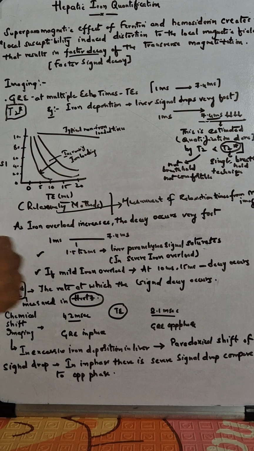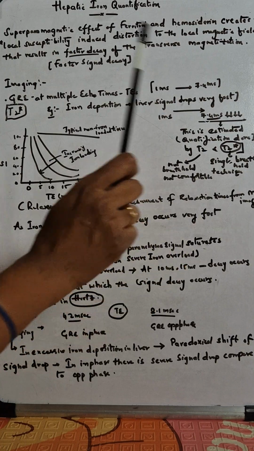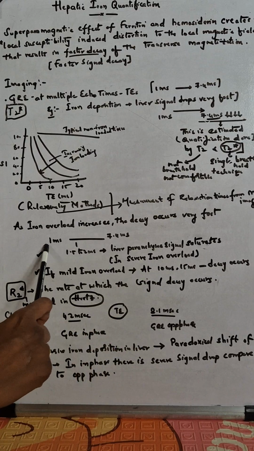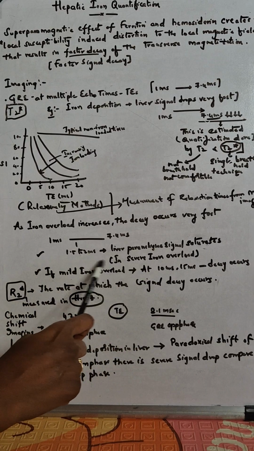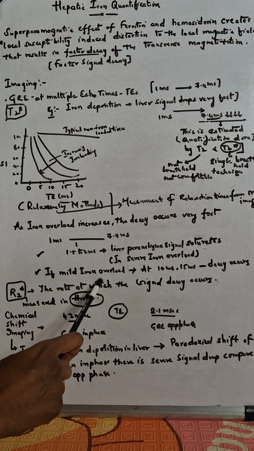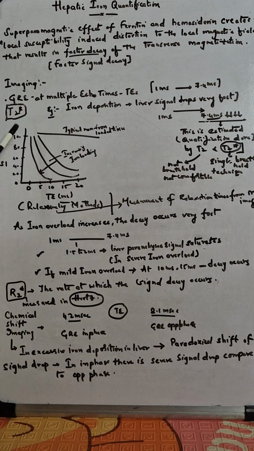See what happens normally in iron overload. As iron overload increases, the decay occurs very fast. For example, in severe iron overload, at 1.5 to 2 milliseconds only, the liver parenchyma signal drops. In mild iron overload, at 10 or 15 milliseconds, the decay occurs. It depends upon the iron load.